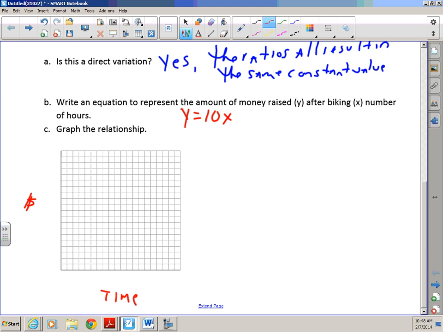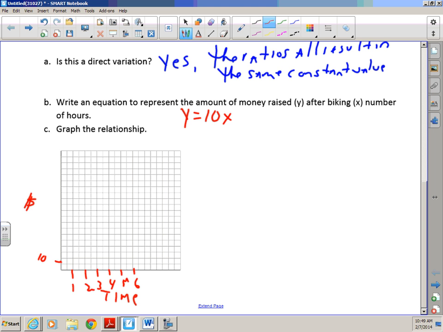The time goes from 2 to 6, so I'm going to count 1, 2, 3, 4, 5, 6 to spread this out a little bit. And my money goes from 20 to 60. Here I can't count by ones, I won't fit. Can't count by twos. Not even 5. So I'm going to count by tens.